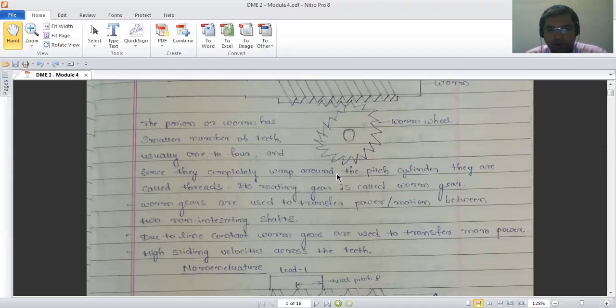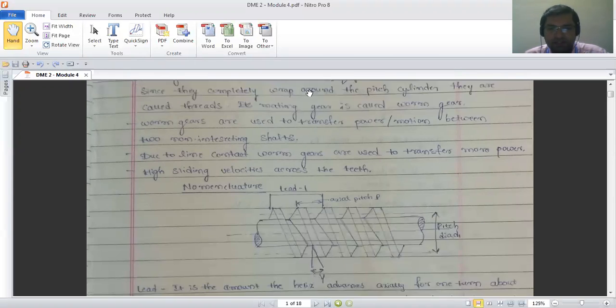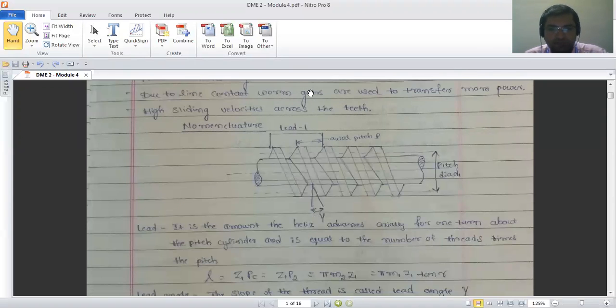Because of this line contact, they are used to transfer maximum power. High sliding velocities across the teeth is a factor with respect to worm and the worm wheel. So let us see some important nomenclature regarding the worm and worm wheel.